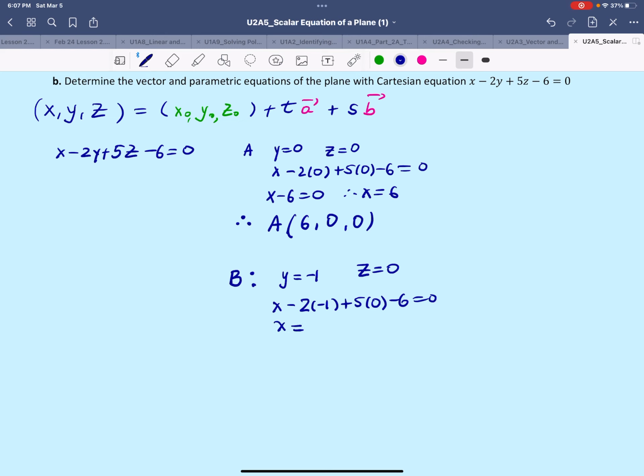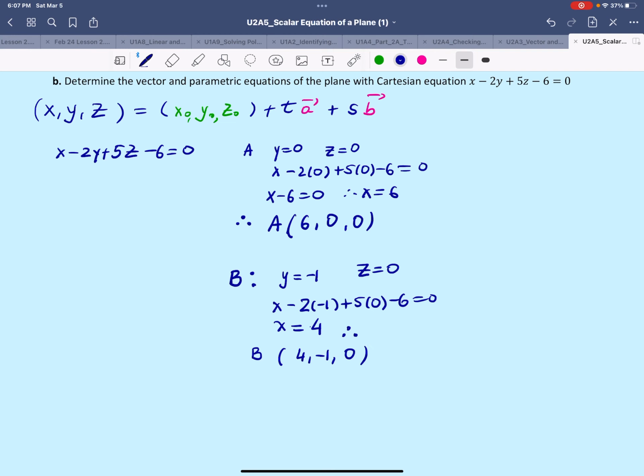So we'll get the x value equal to 2 minus 6, negative 4. So on the other side, we have positive 4. And that tells us that the next point, point B, will have the coordinates x equals 4, y negative 1, and z equals 0.